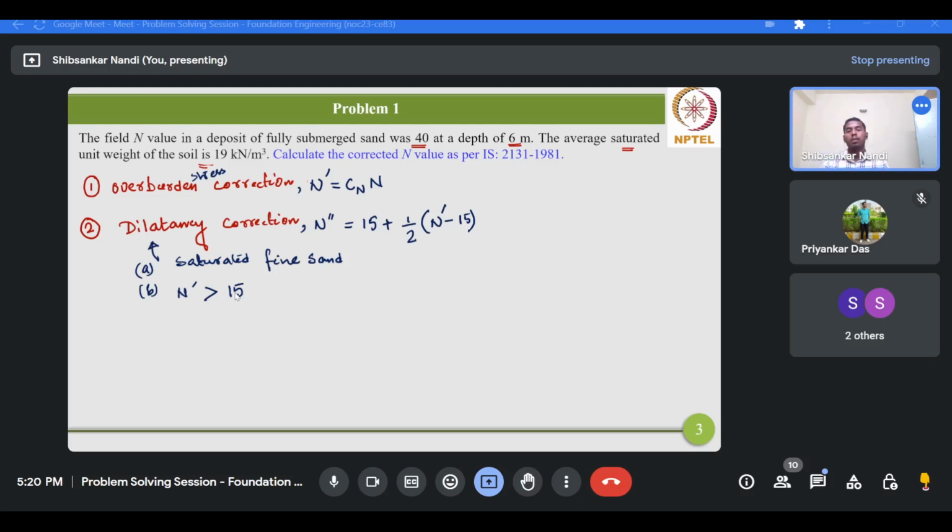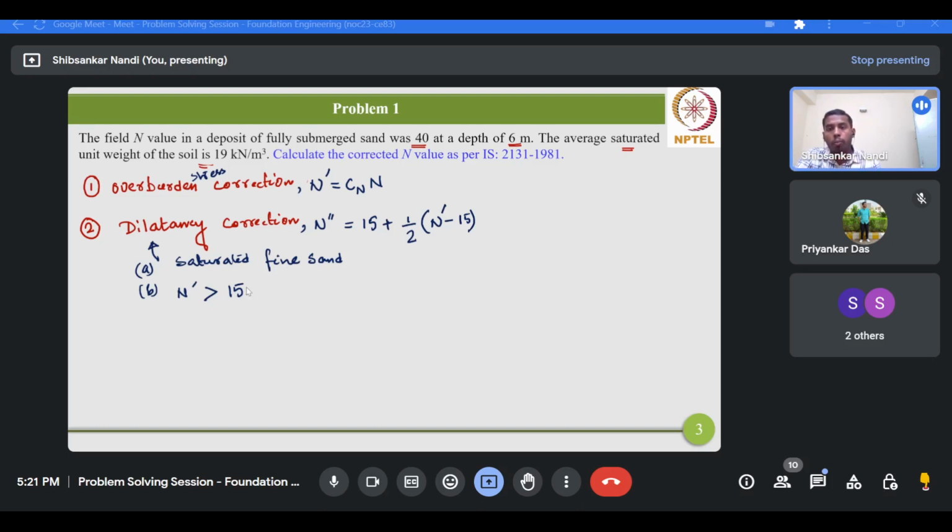Now this SPT test is basically quick. You are applying the loading in a very fast, rapid manner. If you take the analogy of the response of the sample in a shear strength test, first of all this sample is saturated fine sand, and N prime greater than 15 indicates it's dense in nature.